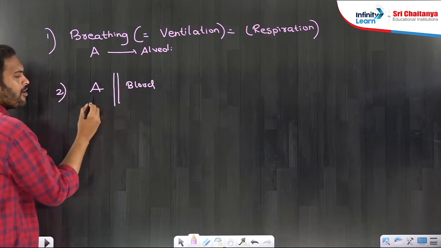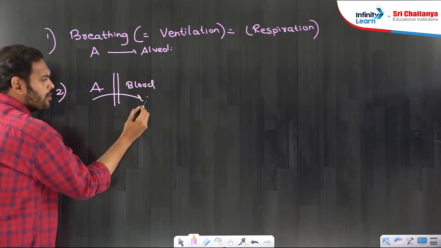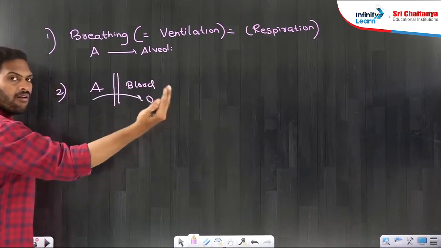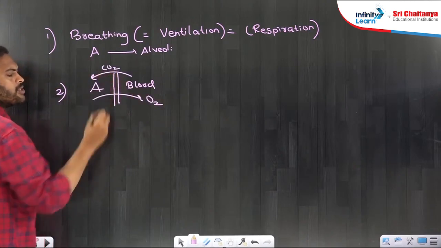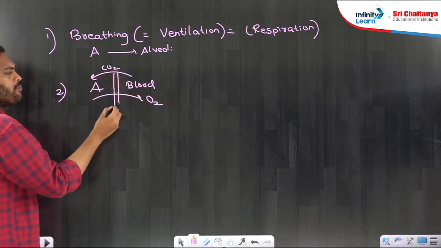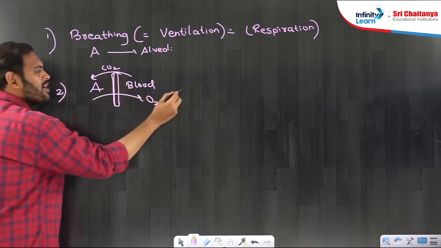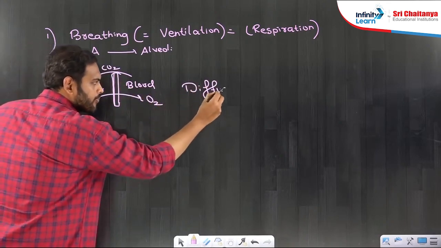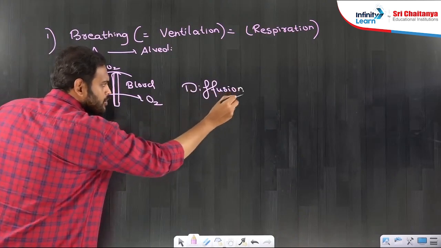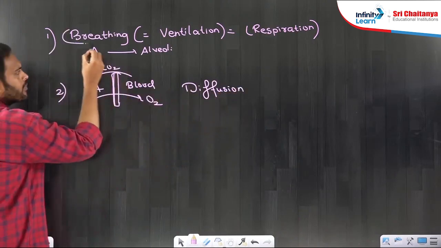How? Alveoli gives oxygen to blood and alveoli receives carbon dioxide from blood. This is helped by simple squamous epithelium. We call this diffusion.